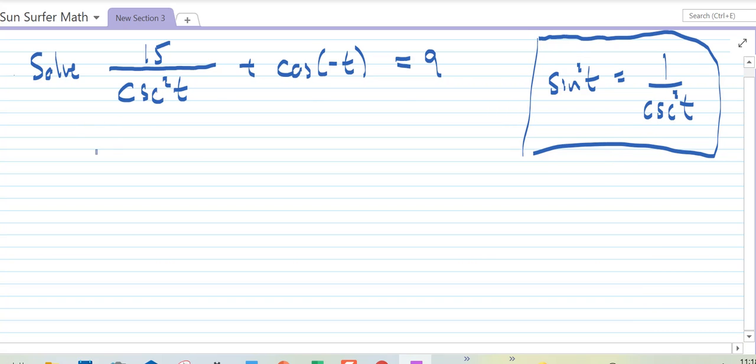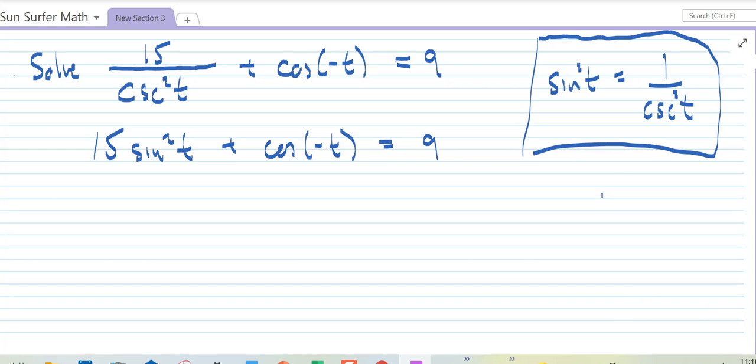So I can replace 1 over cosecant squared with sine squared. That gives me 15 sine squared t plus cosine of negative t equals 9. So that's one of the important reciprocal identities.